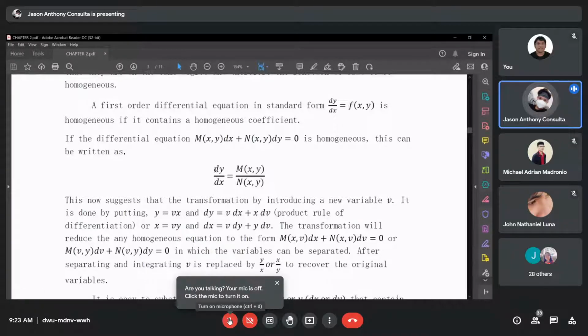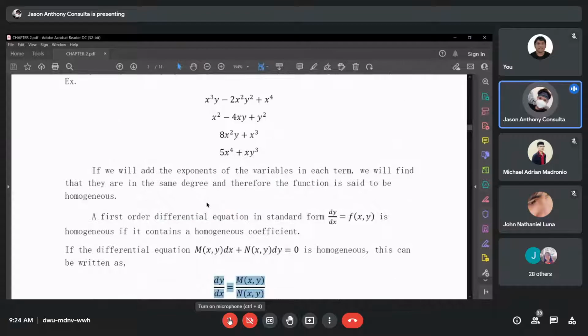So, okay, when we have an equation sa form na ganito, this now suggests the transformation by introducing a new variable v para mas madali ma-solve. Magsasubstitute tayo ng variable v. So it is done by putting, isusubstitute natin sa lahat ng y terms.